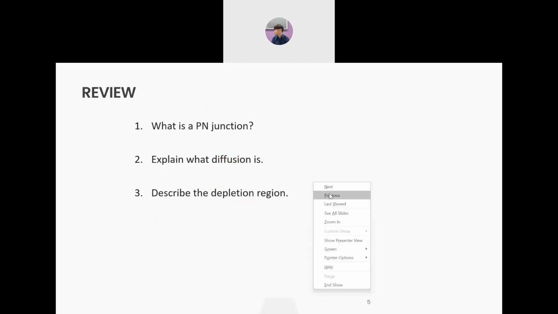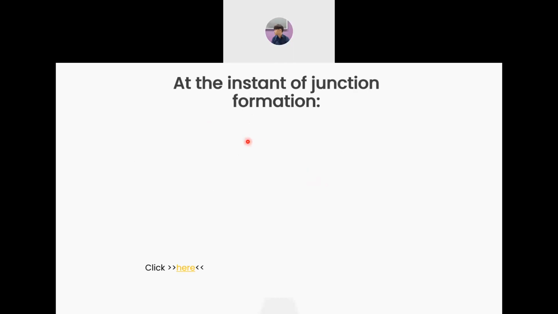Next. So here, at the instant of junction formation, there is a surplus of free electron in n region. Instantaneous means pada masa itu.